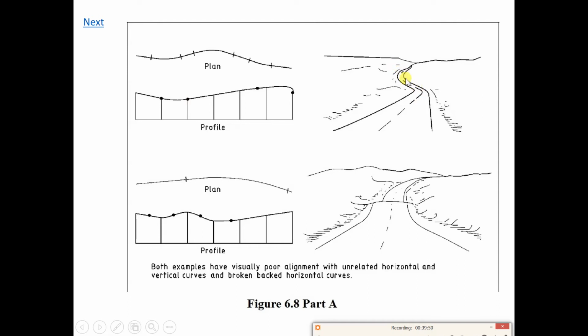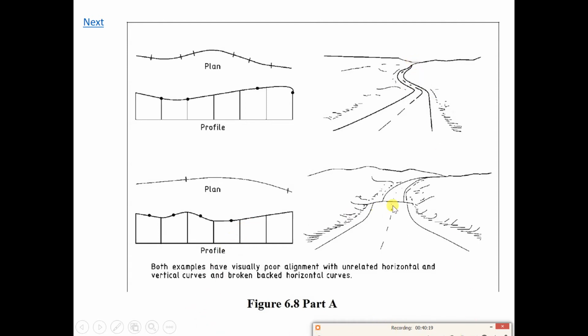So this one, the road is going down, and then going up. But horizontally it's going that way, and then going this way. So this one is a dip. It's going down and then going up again.